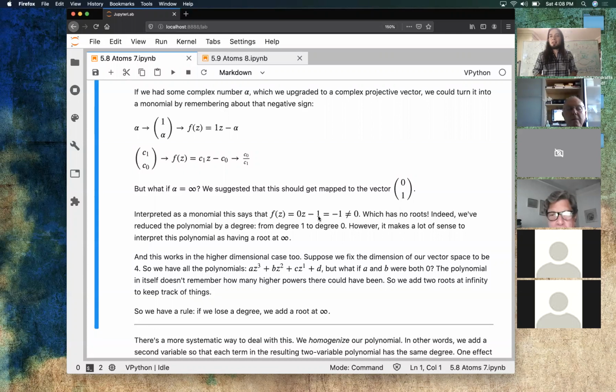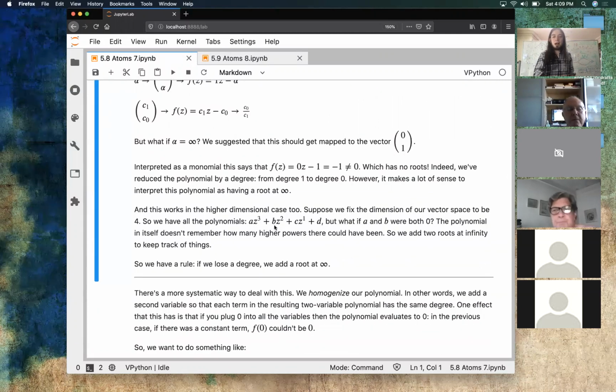If you want to confine yourself to working with a finite dimensional vector space of polynomials, there's a sort of question: you have a polynomial like a z cubed plus b z squared plus c z plus d. But what if a and b were both 0?